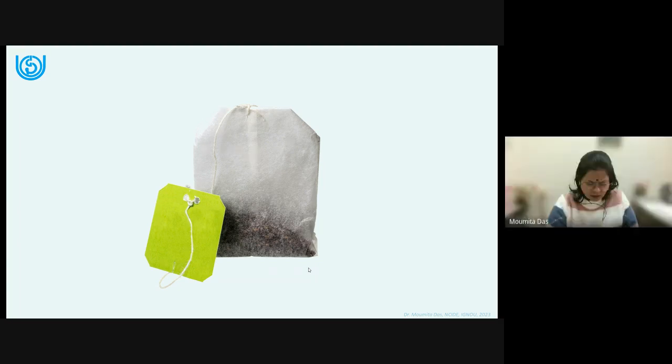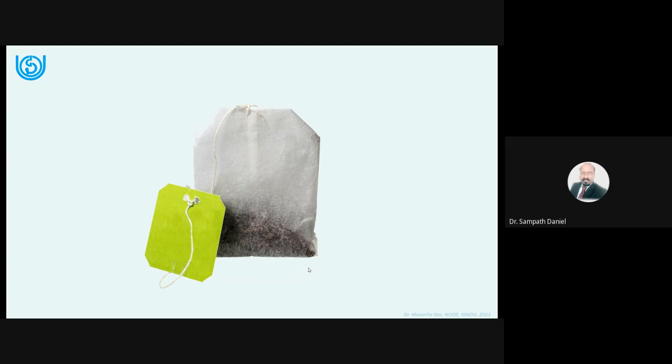Yes, it's a tea bag, and it can be used for making tea, in different forms, with milk, without milk, or whatever. And the residual, just my knowledge I'm saying, can be used as manure for small plants in the house. That's how we use it.